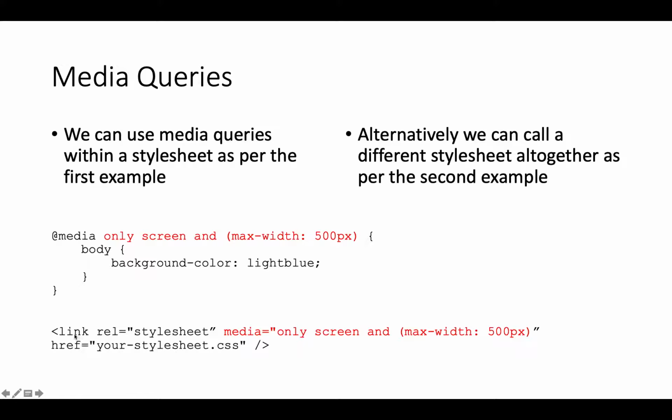The rest is the same. Link relationship is style sheet, and you add this part: media equal to only screen and maximum width is 500 pixels. That means when the screen width is less than 500 pixels, the browser will load this particular style sheet and apply the rules in there.